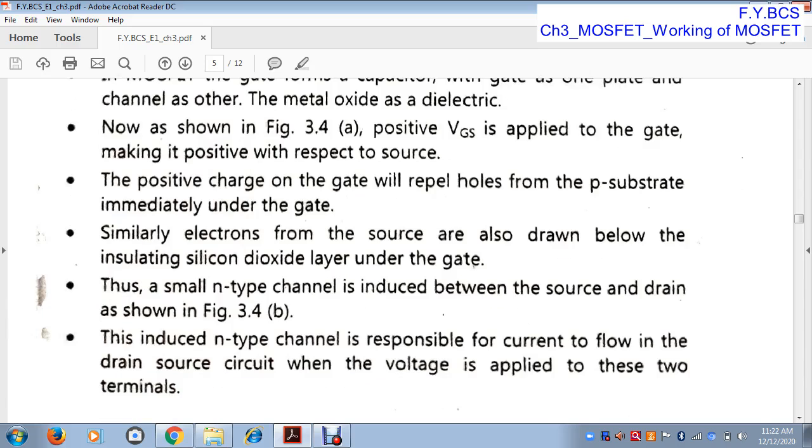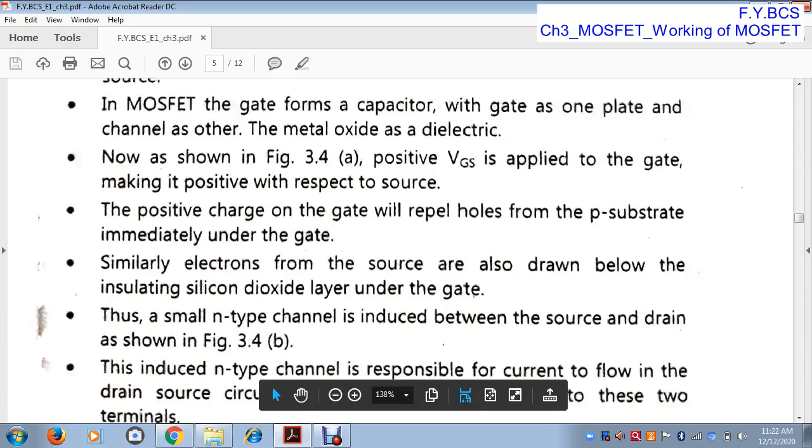Thus a small n-type channel is induced between source and drain, as shown in the figure.